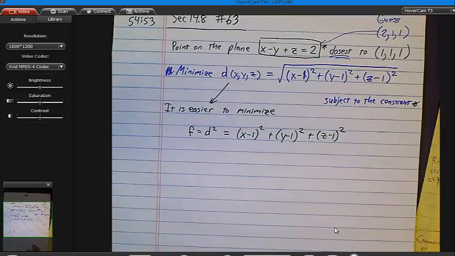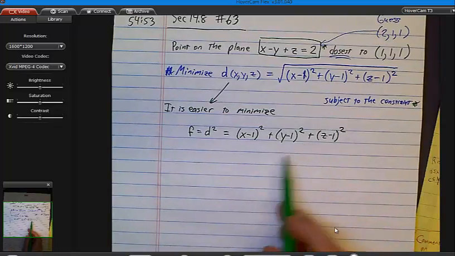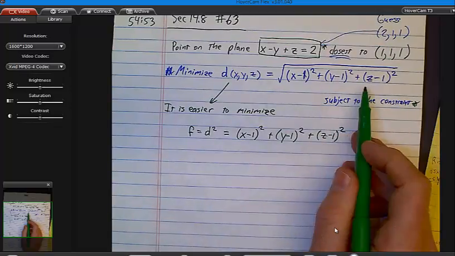That's what I just said. Oh, yeah. But you never said d squared. Well, that's because you were in Calc 1, and you would have got scared. But now you're in Calc 3. We could be more mature, and we're gonna minimize this. And then the fact is, if I minimize this, I minimize the distance.